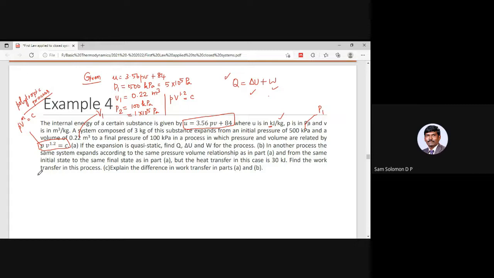How to find out heat transfer or how to find out change in internal energy? Can anyone tell me that?